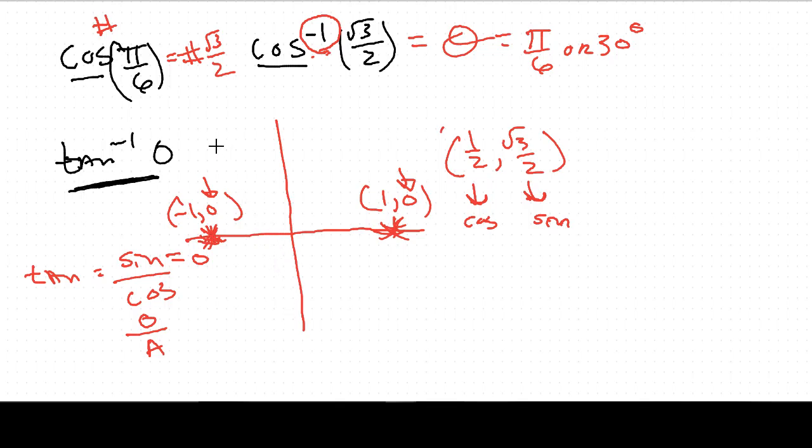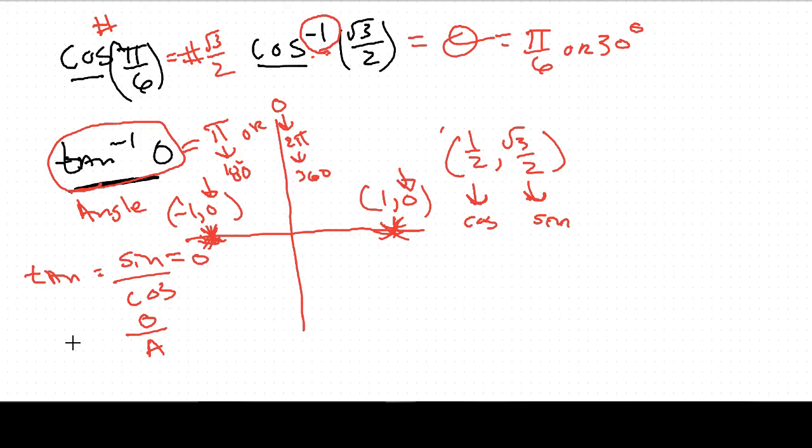So there's two places where this is true. It's either at pi or 180, depending on if you're doing degrees or not, or it's at 0 or 2 pi or 360. Remember, they're asking for an angle here.